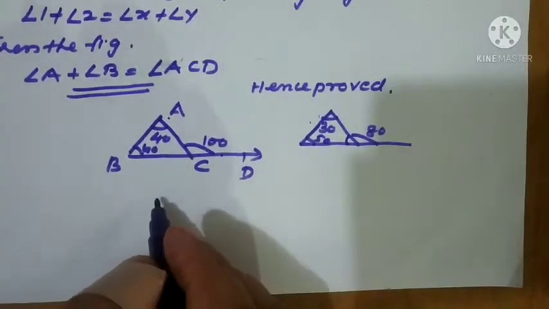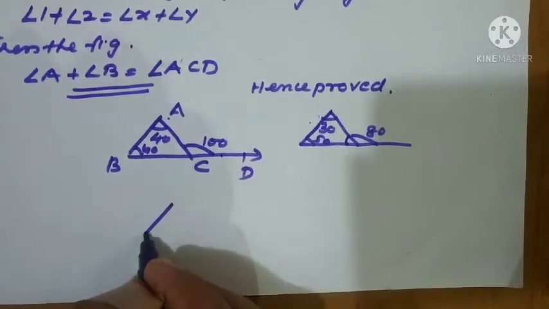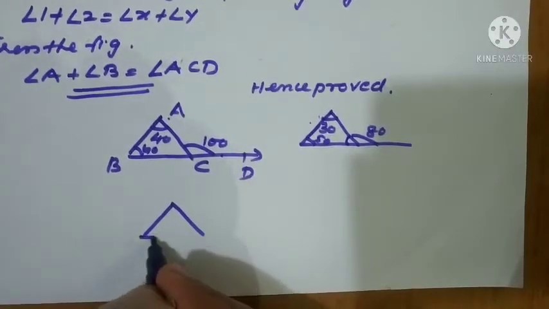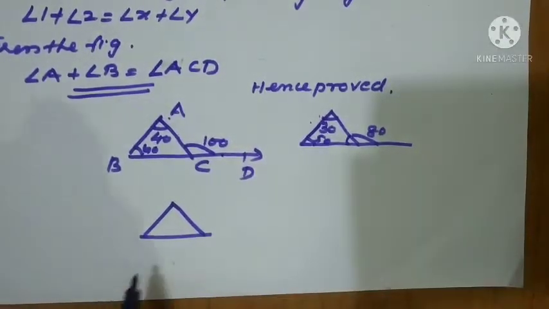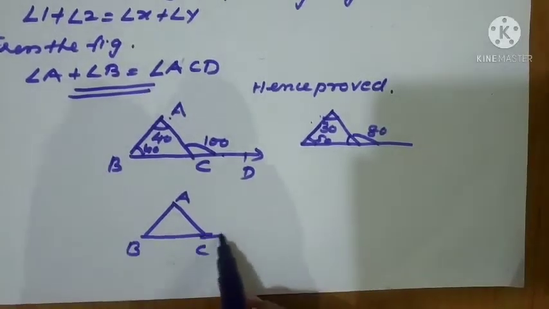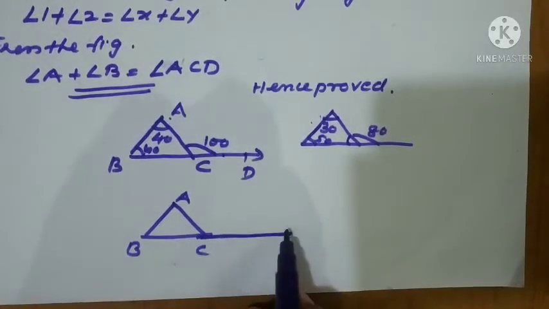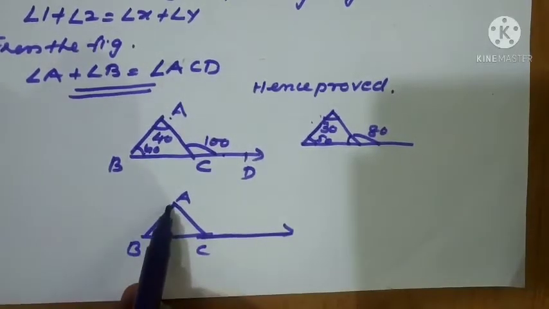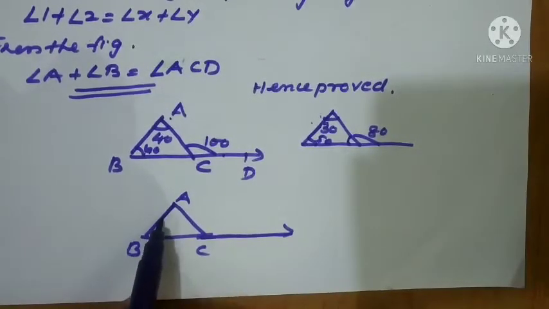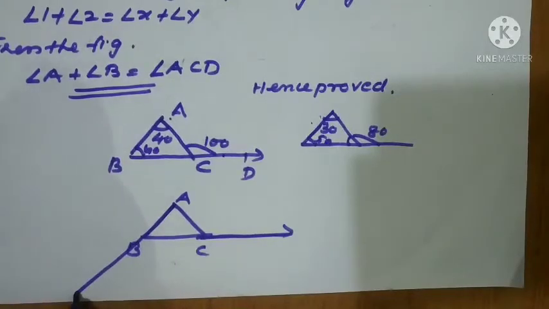Now, when we are drawing the triangle, suppose A, B, C. How many sides are there? 3 sides are there. So we are extending BC. We got ACD. In the same way, I can extend the AB also. Right? So what will happen here?